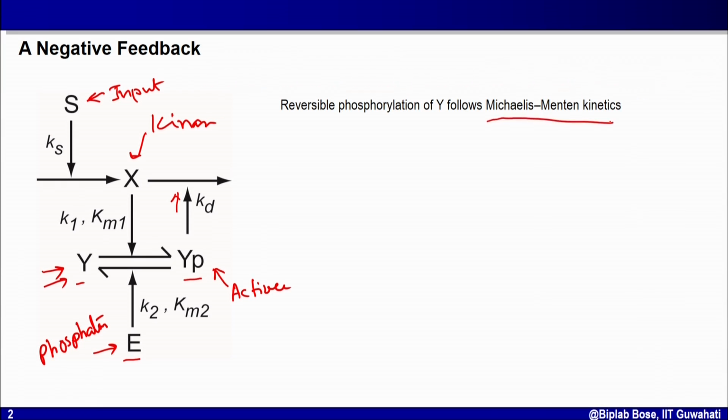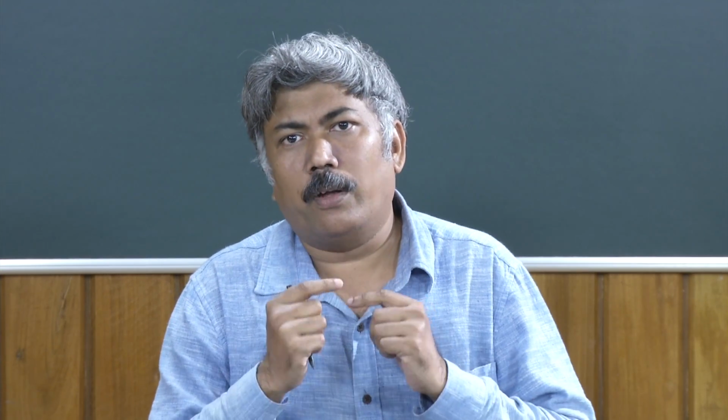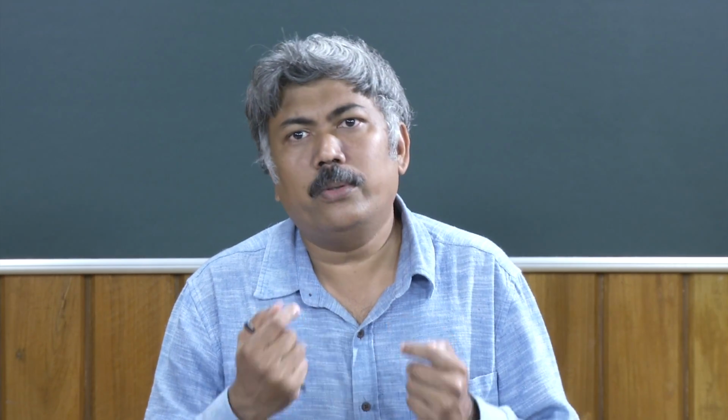If you remember, in last week, in a particular module, we discussed a reversible reaction system where both reactions follow Michaelis-Menten kinetics. In that module, we learned how to write the ODE for that type of simple reversible reaction.